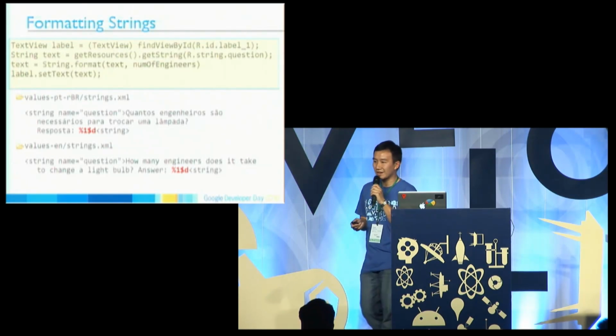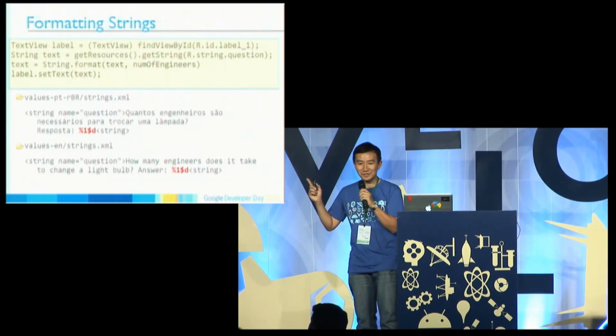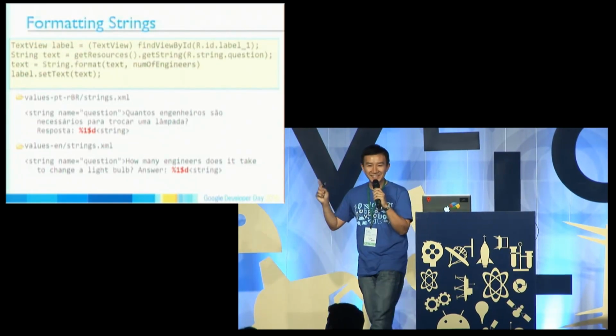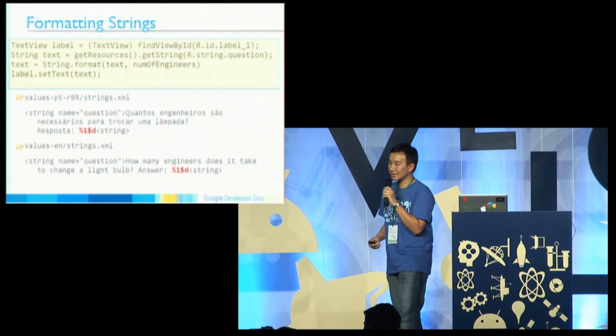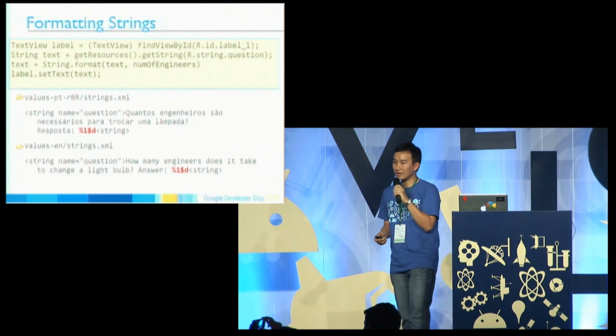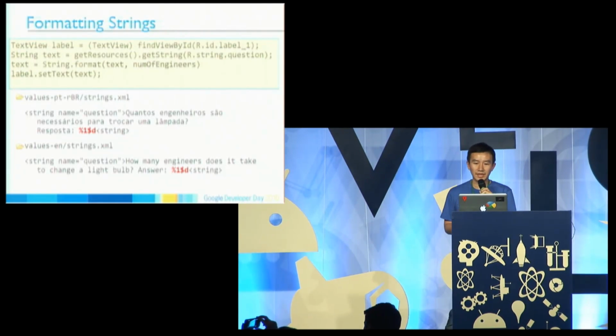contents, the localized contents. The first version is Portuguese. I hope that's right. That's based on Google Translate output. And the second strings.xml contains the strings in the other language, in English in this case.